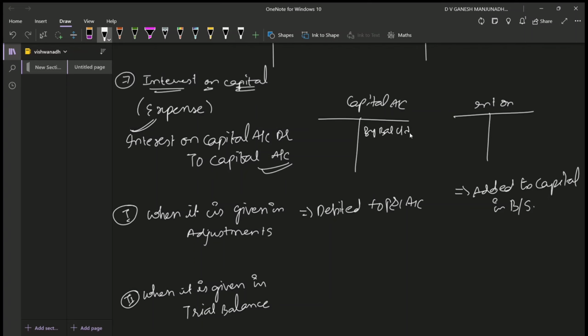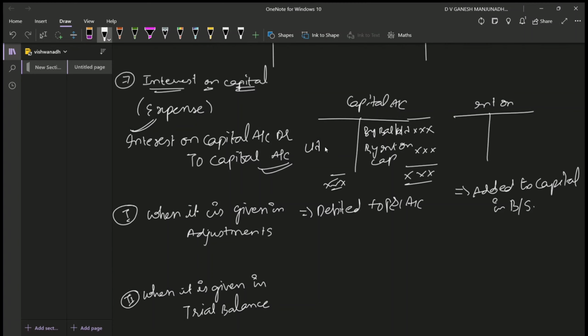By balance brought down, as it is an interest which is to be added to capital, so we have to credit by interest on capital. That is also to be added, so the total balance would be written on either side. That would be carried down here.